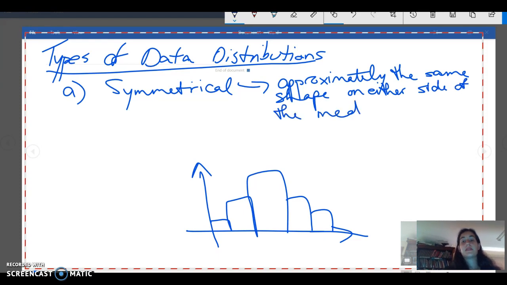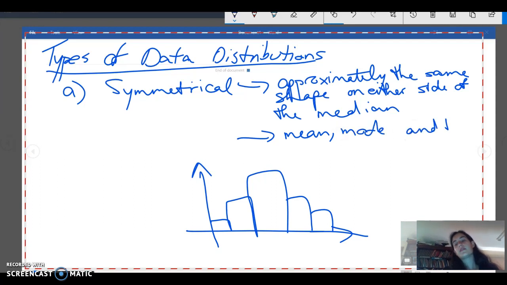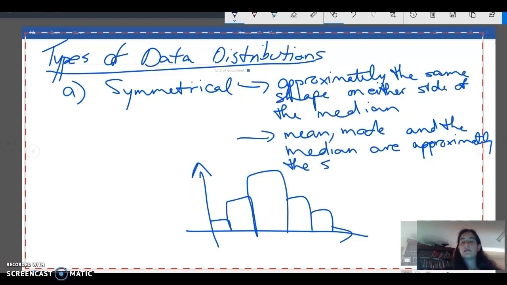And secondly, the mean, mode, and median are approximately the same. So the mean, mode, and the median are approximately the same. Right. So that is symmetrical.